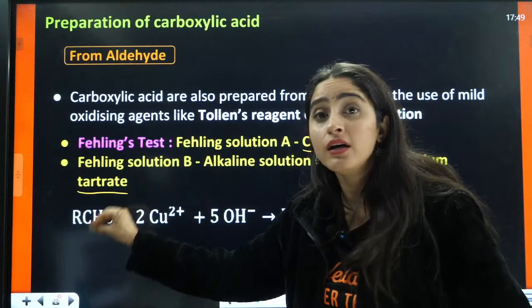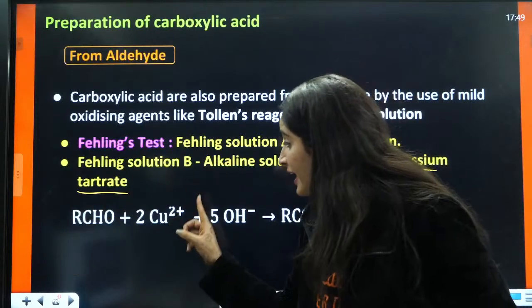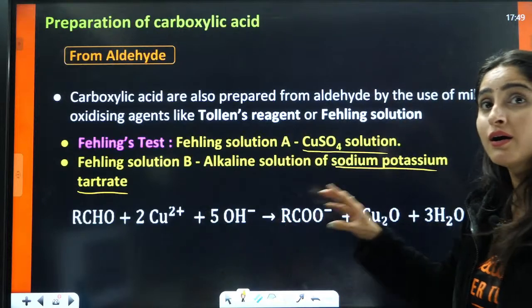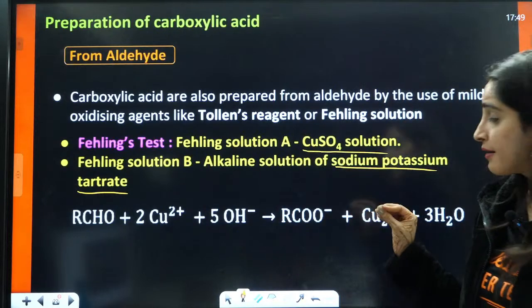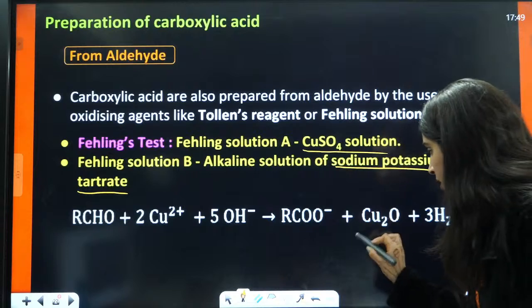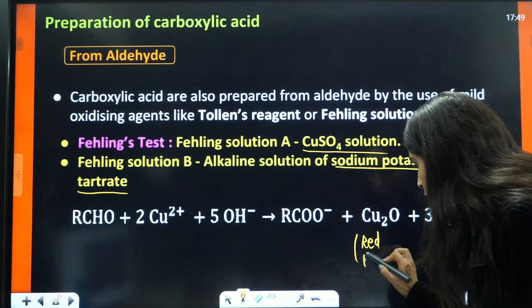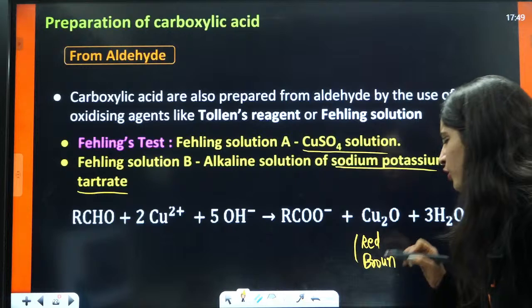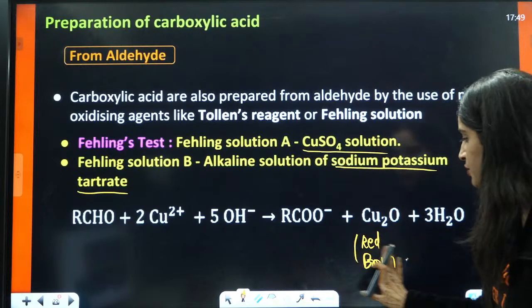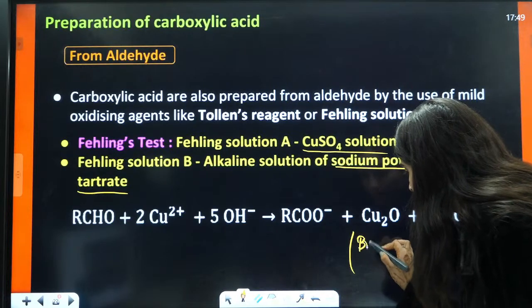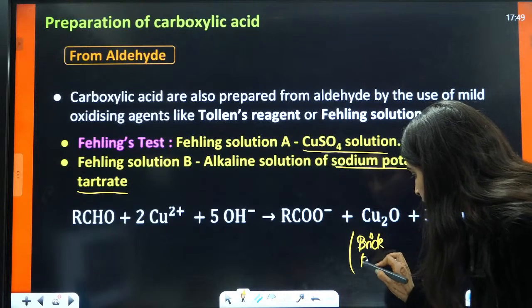And when you add any aldehyde into it, it will convert it into red-brown precipitates, right? Reddish-brown precipitates will be formed. I would say brick red precipitates are formed.